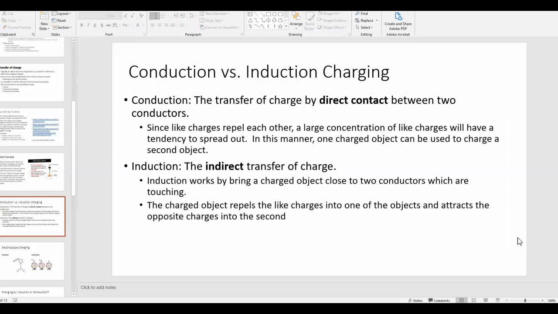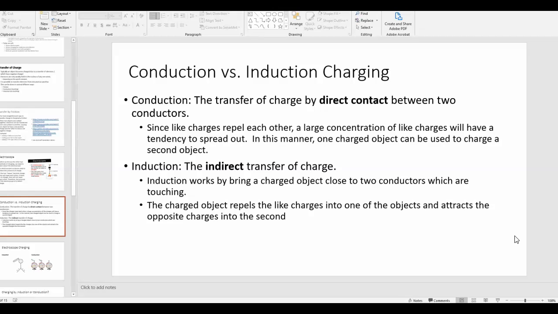For example, when you scrape your feet on the carpet, that is charging by friction. When you go to touch the doorknob, that's transfer of charge by conduction because you're actually touching the doorknob, which means those electrons on your body can jump into the metal doorknob.